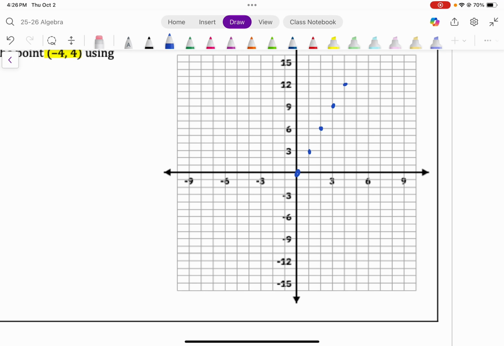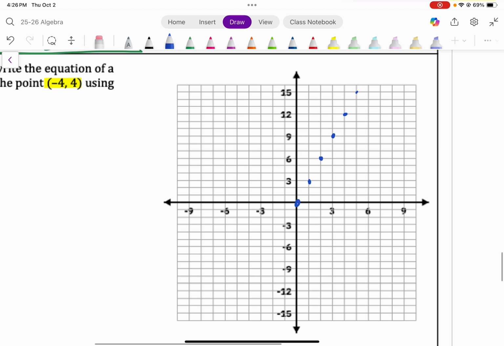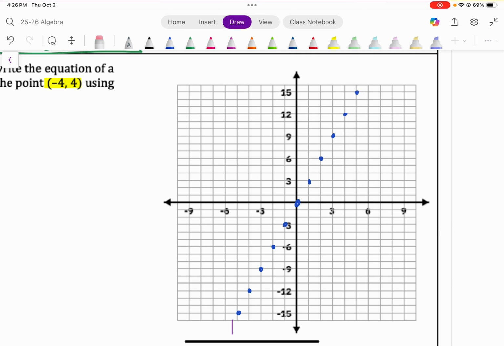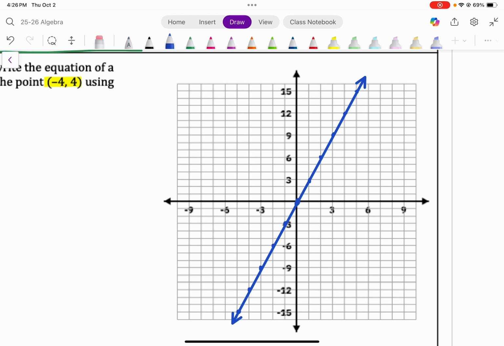It's nice that these graphs count by 3s. Down 3 and back 1, down 3 and back 1. Using my straight line tool to make a straight line.